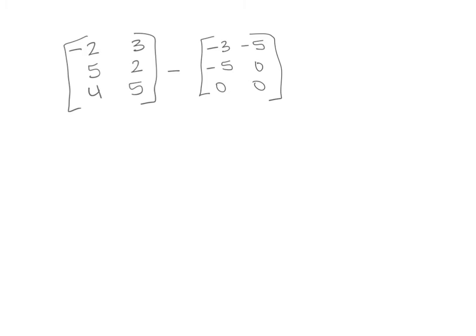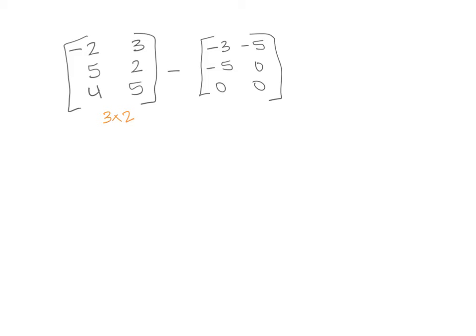Just like on the previous example, in order to add or subtract matrices, we have to have the same order, so check your order. For the order of our first matrix, rows by columns, how many rows do we have? We have 3 rows. How many columns? We have 2 columns. So our first matrix is a 3 by 2.